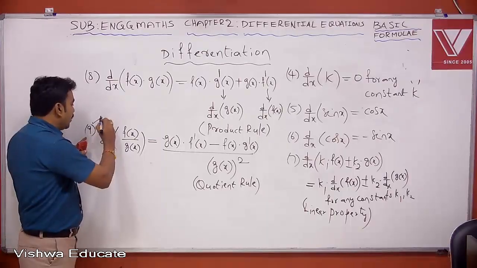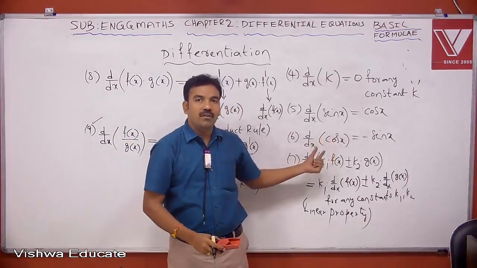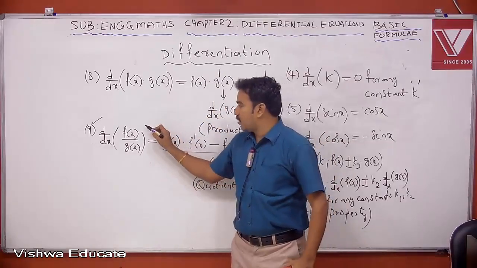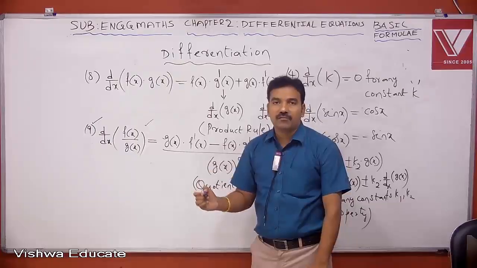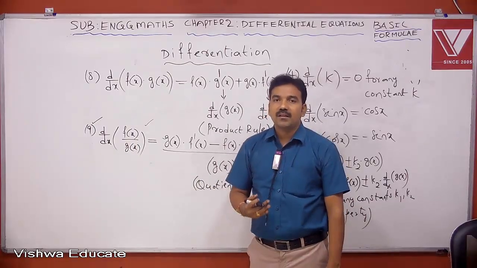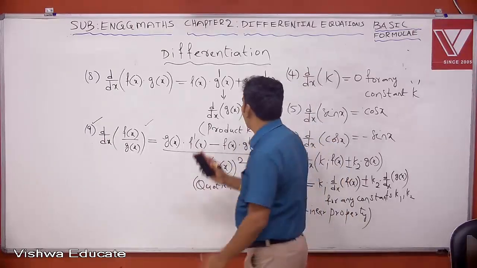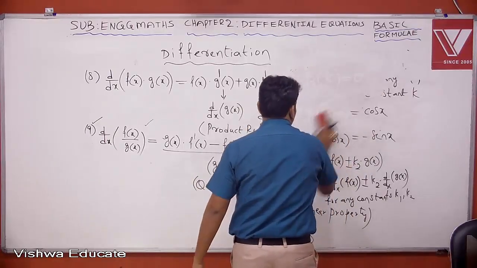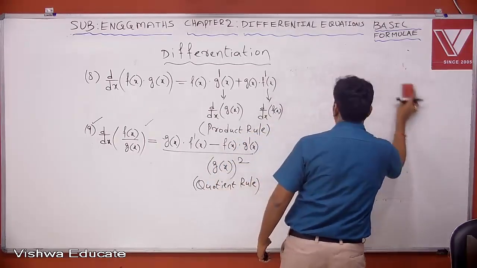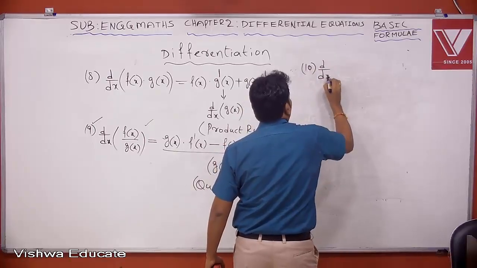Now based on this, we can easily get the derivatives of the rest of the trigonometric functions. Already we have written derivatives of sin x and cos x. Now based on this quotient rule, we can easily get the formulas for derivatives of the rest of the trigonometric functions: tan x, cot x, secant x, cosecant x, etc. So formula number 10, this is d by dx of tan x.